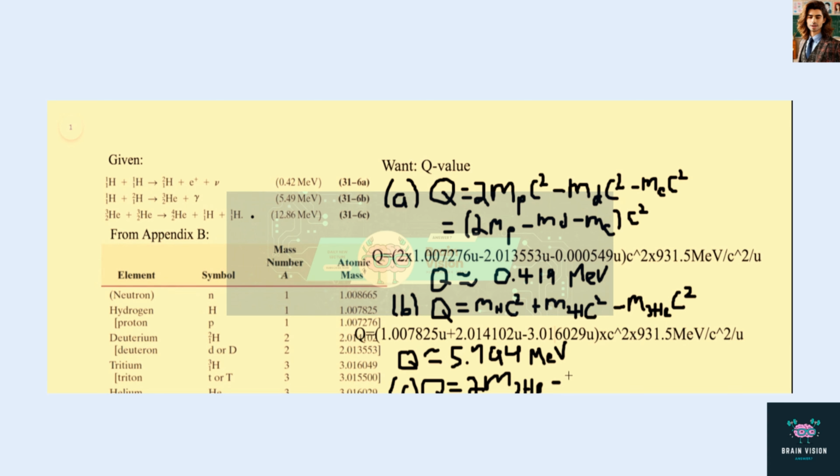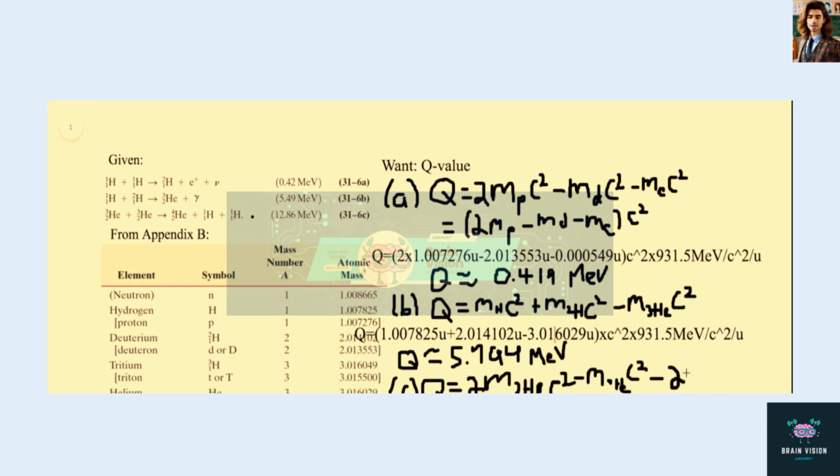Minus the mass of helium, times c squared, minus the mass of helium. Minus 2 times the mass of hydrogen, where again we note that the electrons are balanced here, so we can add the electrons and subtract them here.